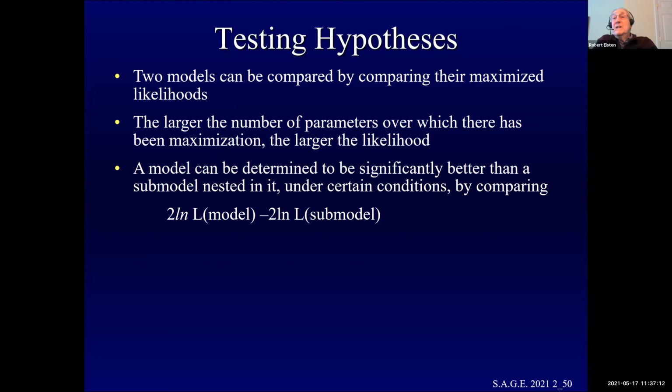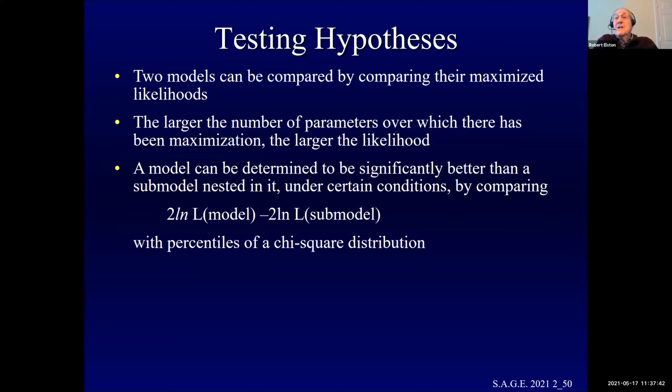A model can be determined to be significantly better than a submodel nested in it under certain conditions by comparing twice the natural log likelihood under the model minus twice the natural log likelihood under the, if you like, the hypothesis, the submodel. And you can compare that with percentiles of the chi-squared distribution under certain circumstances.